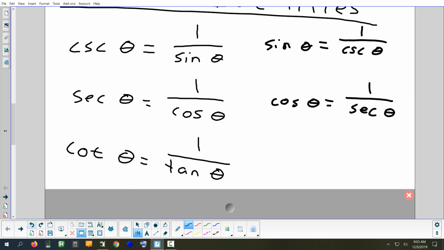So so far, all we're really saying is if you take the sine and flip it, you get the cosecant. If you take the cosecant and flip it, you get the sine. That's all. How about this last one? What could I write for that one? Tangent equals 1 over cotangent.